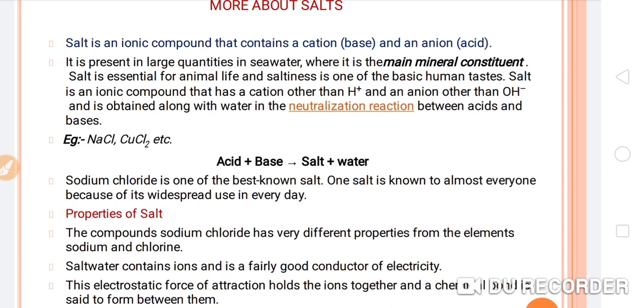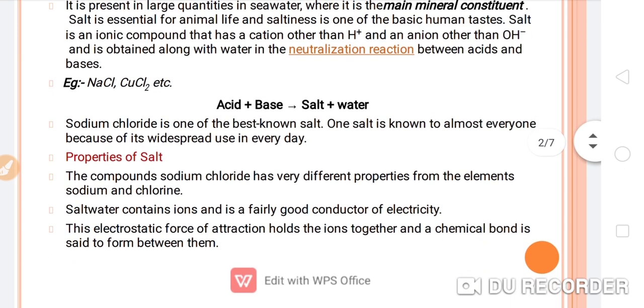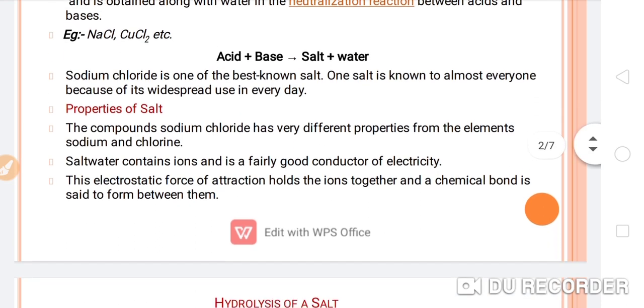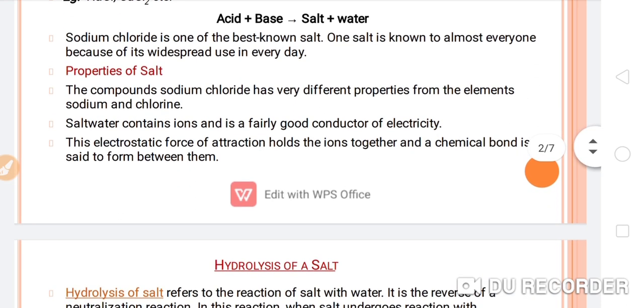So by the help of the acid base reaction you can get salt and water will form. Sodium chloride is one of the best known salts which we are using in our daily life. One salt is known to almost everyone because of its widespread use in everyday life, which I have already taught you. Okay. Now next, properties of salt.